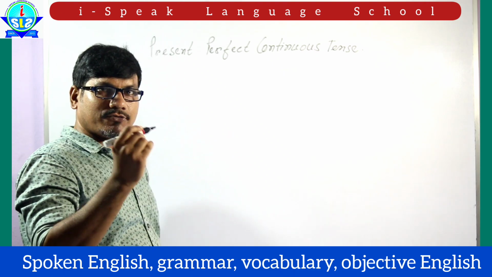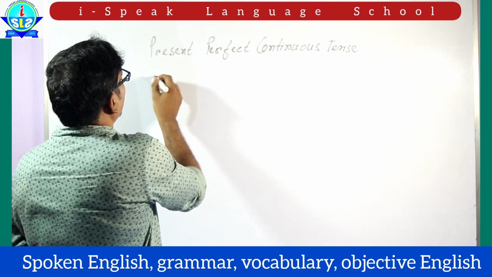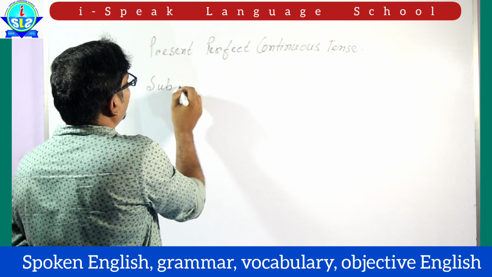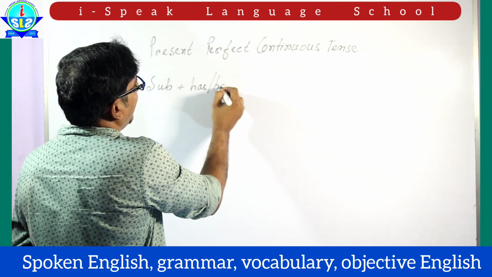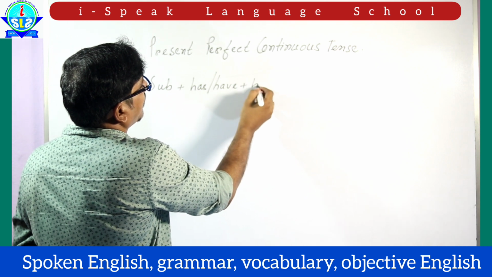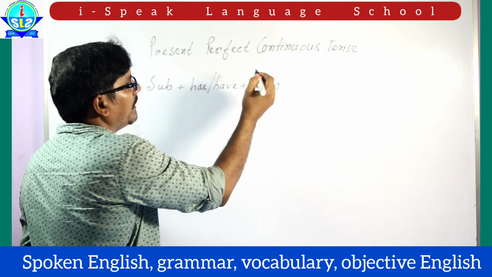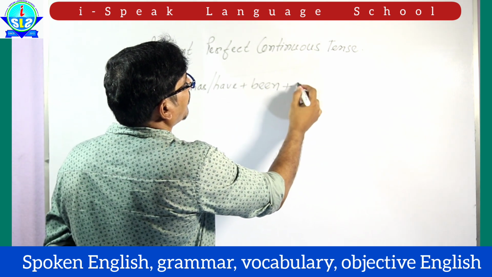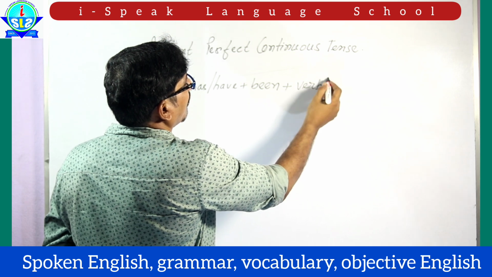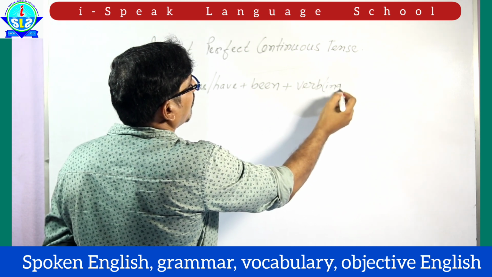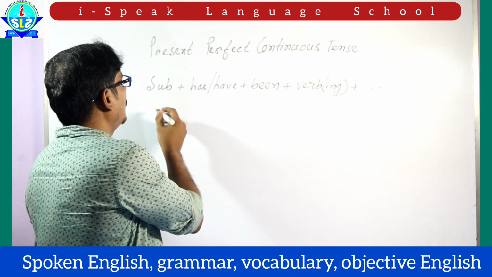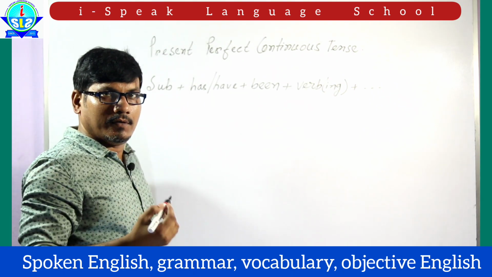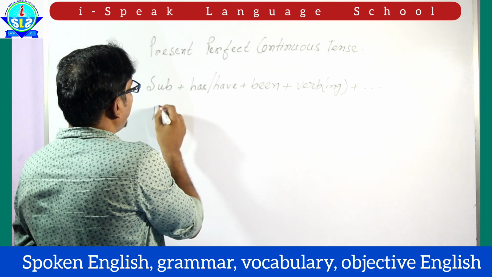Let's see the structure first. Subject, then has or have, then been, B-E-E-N, then verb ing form, then others, if there is anything. So, let us take an example.